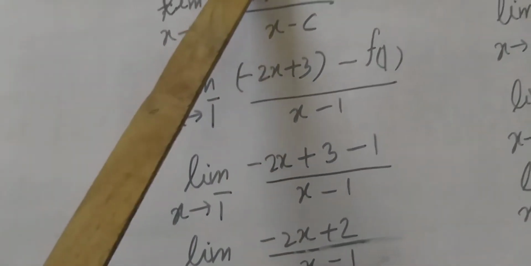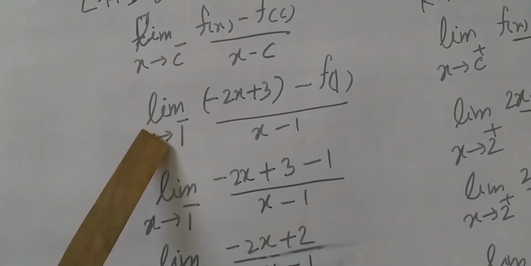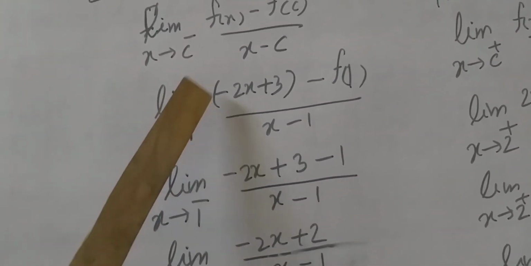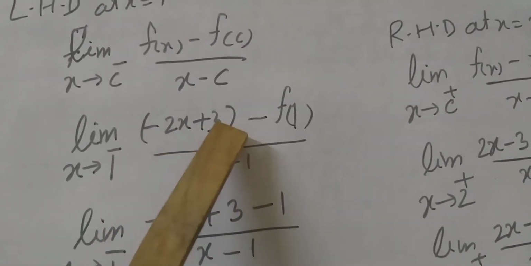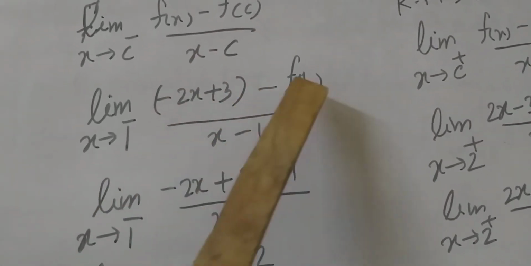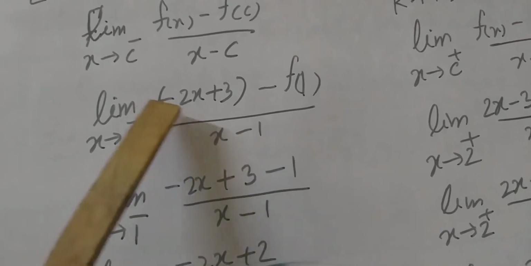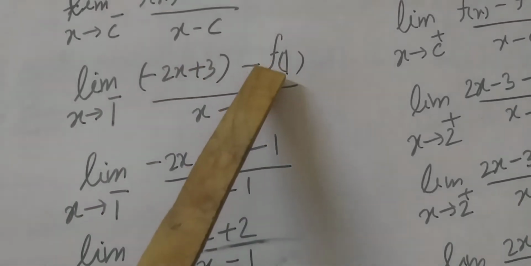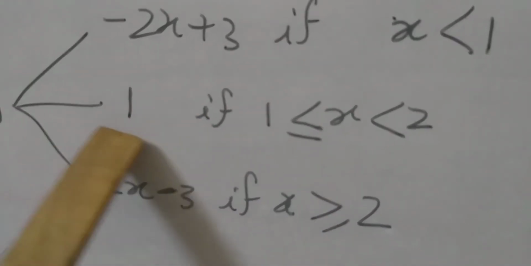Limit as x tends to 1 from the left, f(x) = −2x + 3, minus f(1), which is 1, upon x − 1.